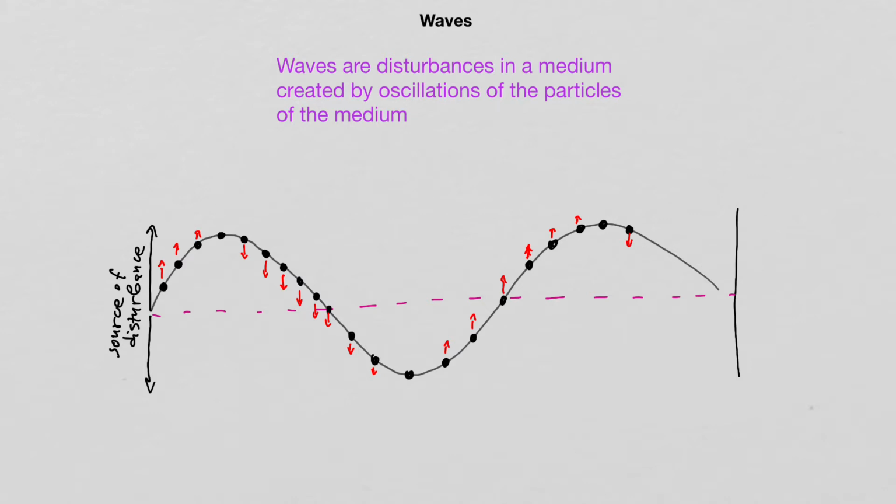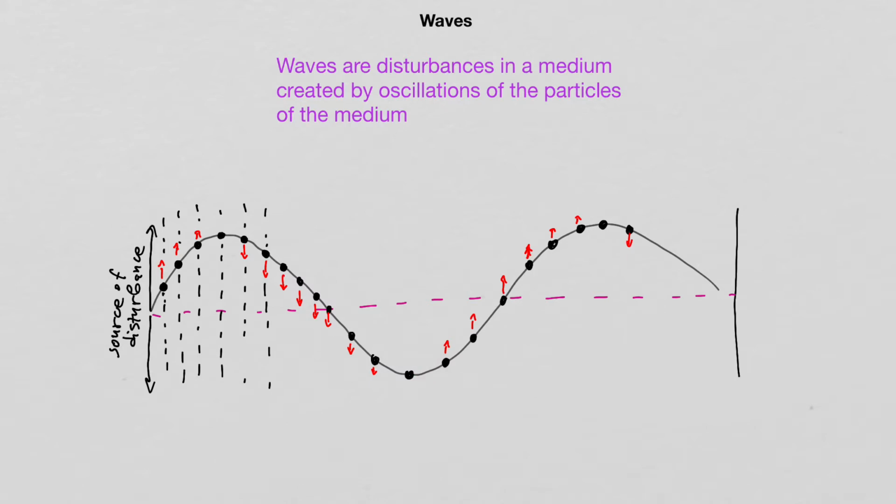And so each individual particle essentially is moving along a vertical line, up and down. You can think of those as tiny masses attached to individual springs that together oscillate in that manner.